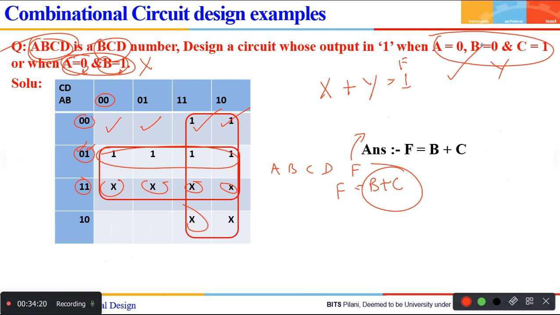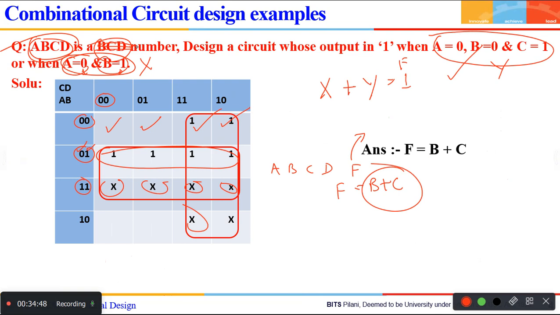Suppose if I say it is not BCD, what will be the case? Tell me. In place of X, what will be there? 0. In place of X, all will be 0. No, see, in this case, listen carefully.